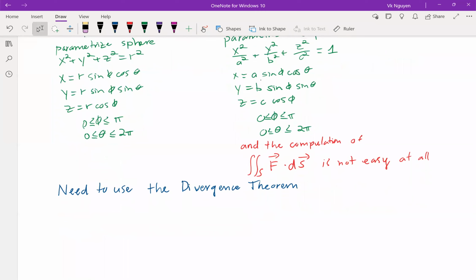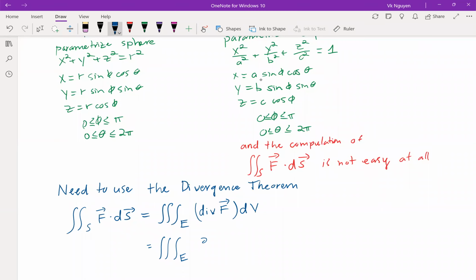That is the cool hint about the divergence theorem, that the flux is the triple integral over the solid E enclosed by the surface S of div F dV. Very powerful theorem.